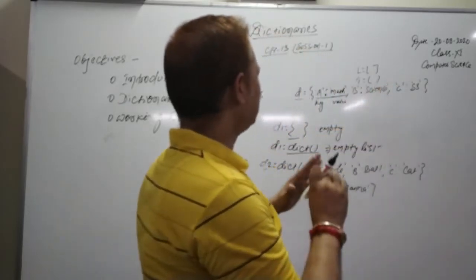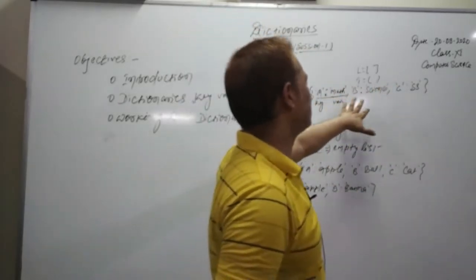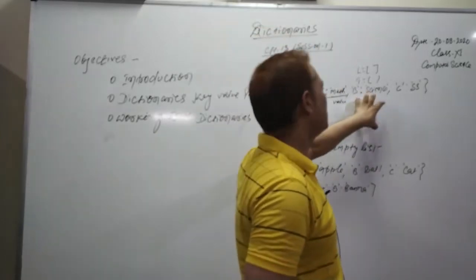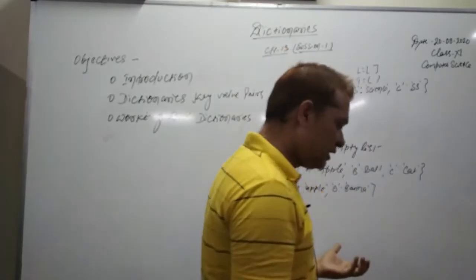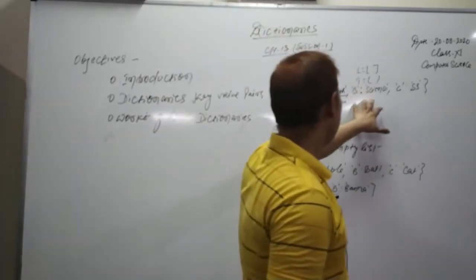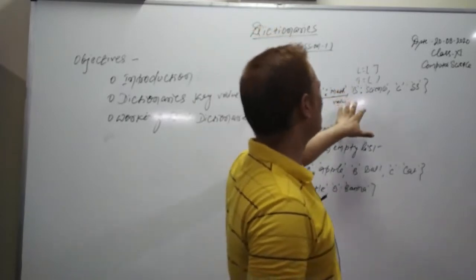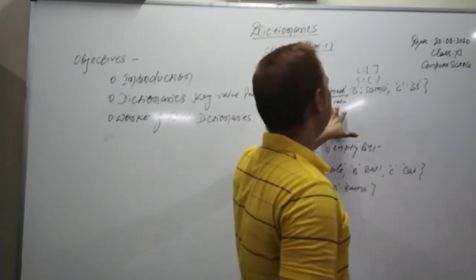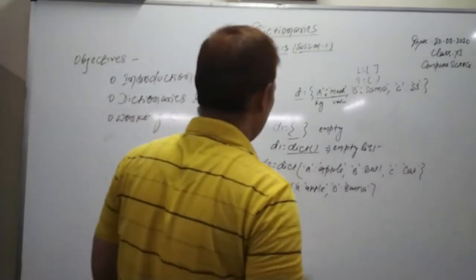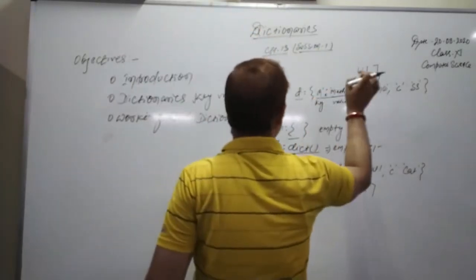A dictionary has no concept of index number. A dictionary will show you the elements in any order. It's an unordered data type in Python which allows storing elements in the form of key value pairs. So we don't have any option like 1, 2, 3, 4. Directly you have to use the key and it will give you the value.